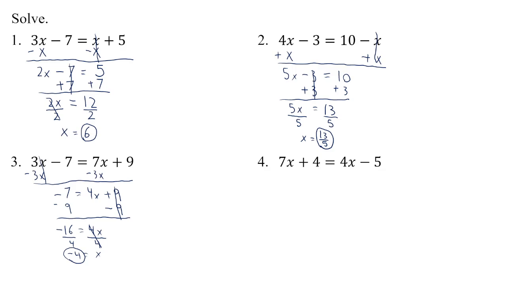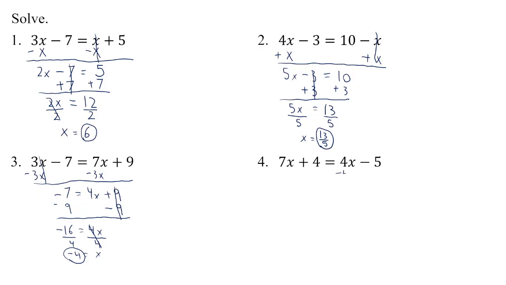Finally, we have 7x plus 4 equal 4x minus 5. So you can eliminate either 7x or 4x. Let's say we want to eliminate 4x. Again, there is no operation in front of it. That's the same as addition. And the opposite of addition is subtraction.